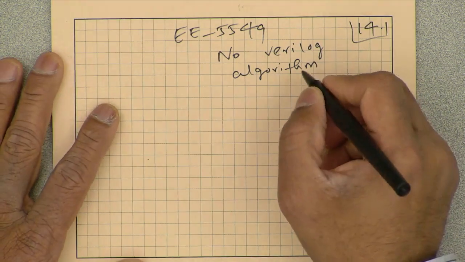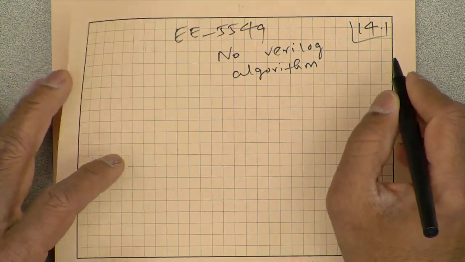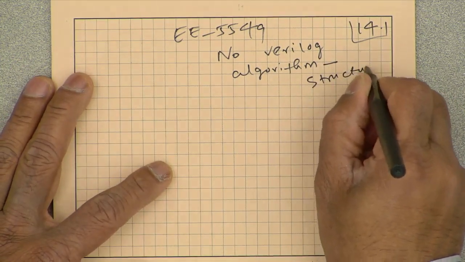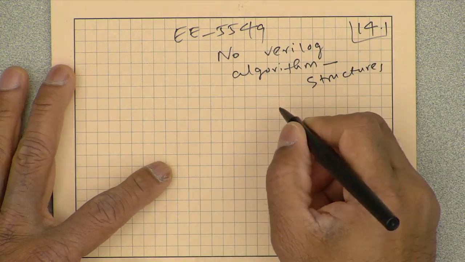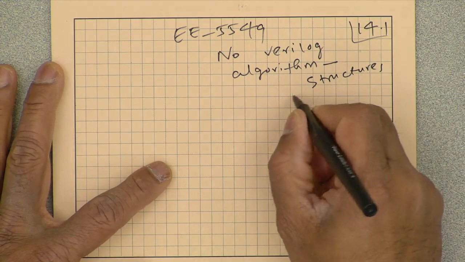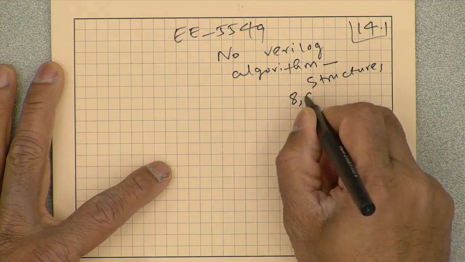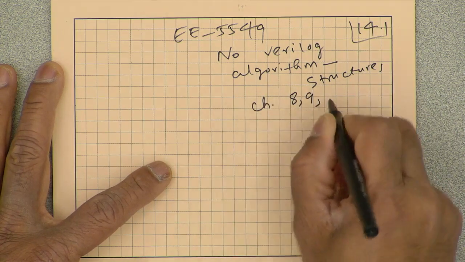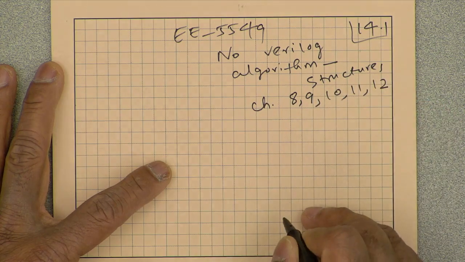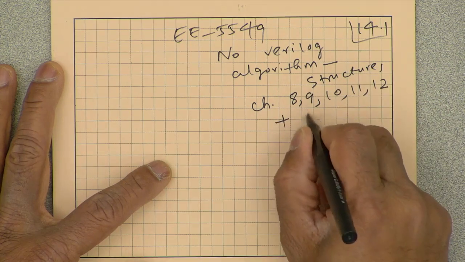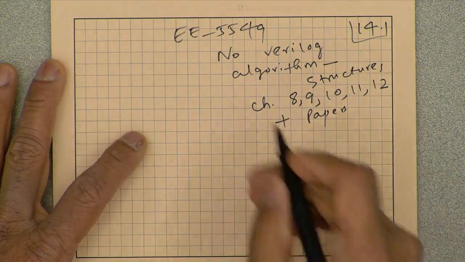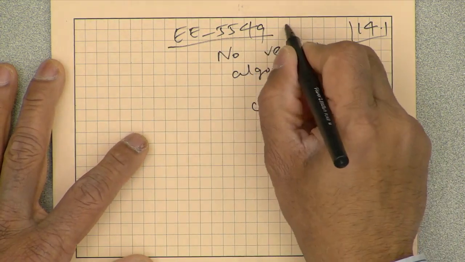That class is more, well, I shouldn't say exactly algorithm, but algorithm and structures. We will briefly review some of the concepts, but mostly the chapters in that class are 8, 9, 10, 11, 12, and lots of other things, lots of papers. So that's for fall.